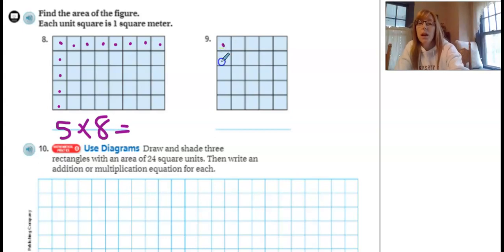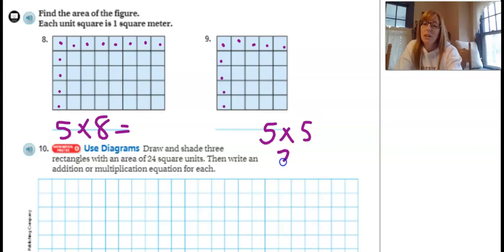Go to number 9, write area equals 5 times 5. Look at that. It's a square. What's 5 times 5? You are correct. It is 25.